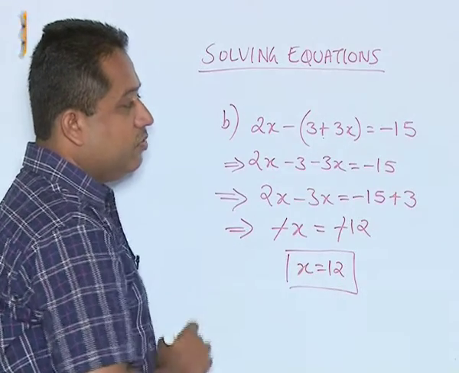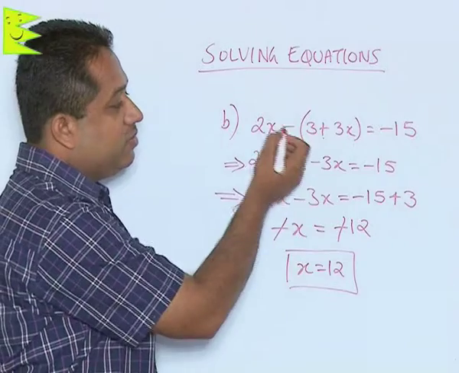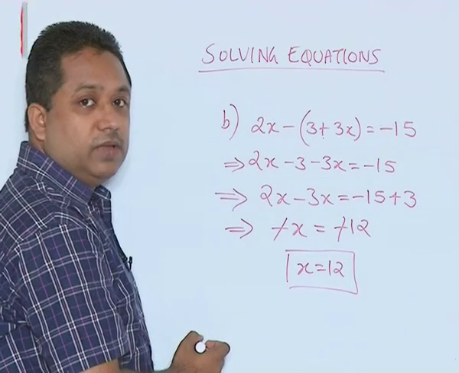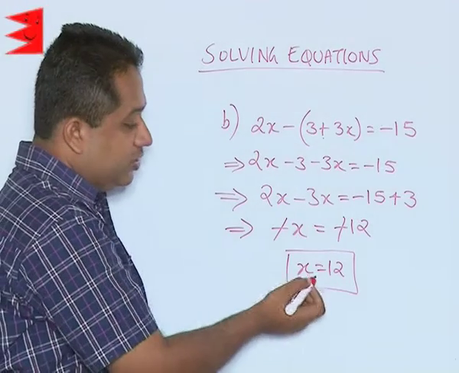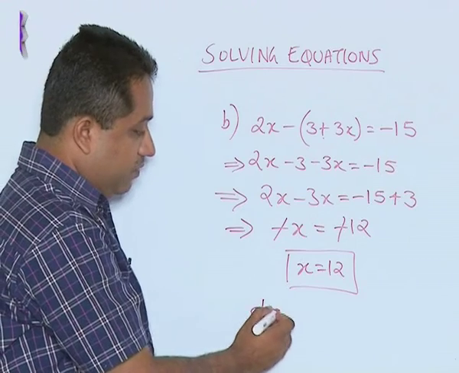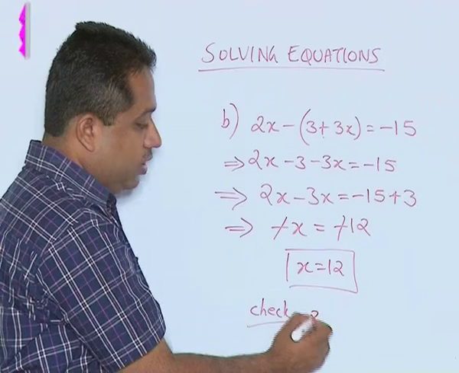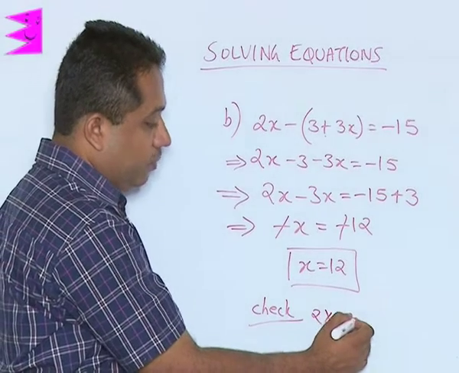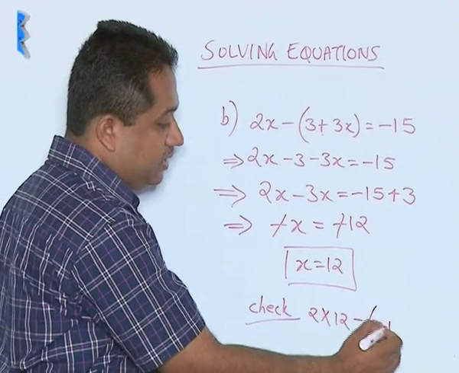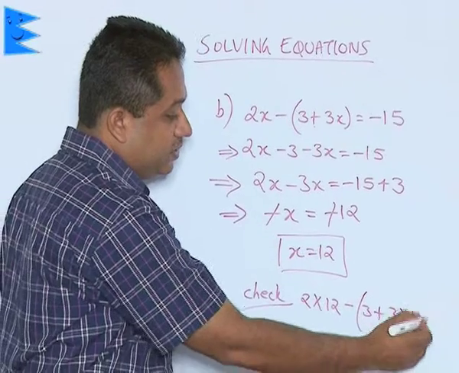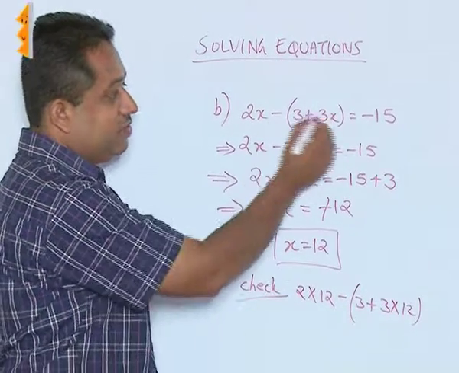So, this is how we are going to solve these types of questions when there are negative signs outside the bracket. And we can check this again by putting the value of x as 12. So, here we get 2 into 12 minus 3 plus 3 into 12. This is the substitution on the left side.